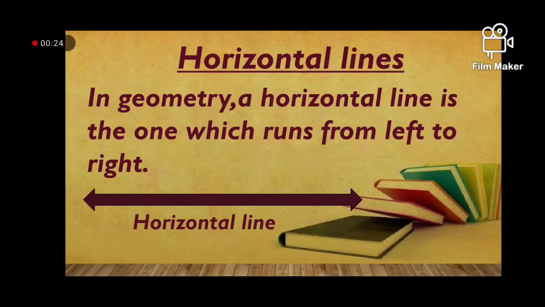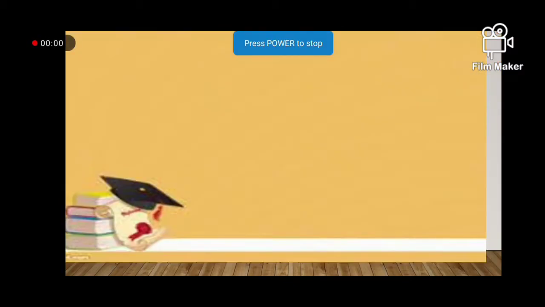This line runs from left to right, and when a line runs from left to right, that type of line is called a horizontal line.